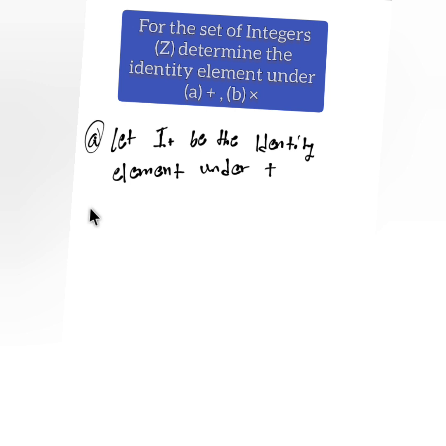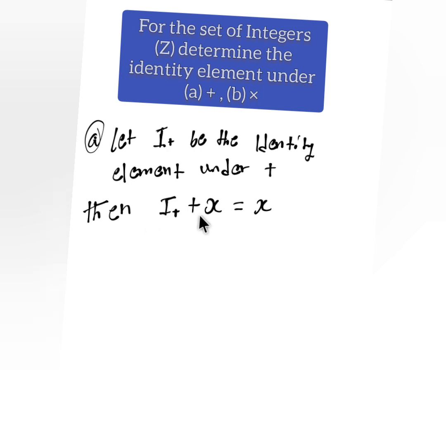So if this is true, then the identity element under addition plus an element, say x, should give us x. That is the definition of identity element. Identity element operates an element should give us back that element.